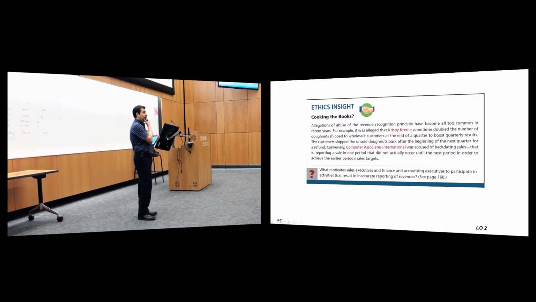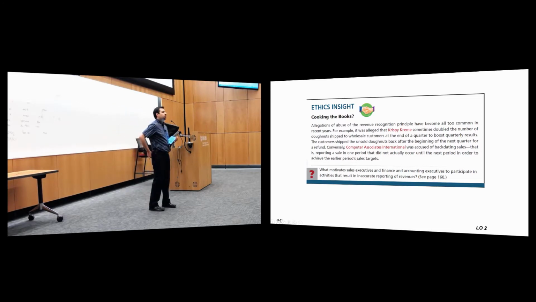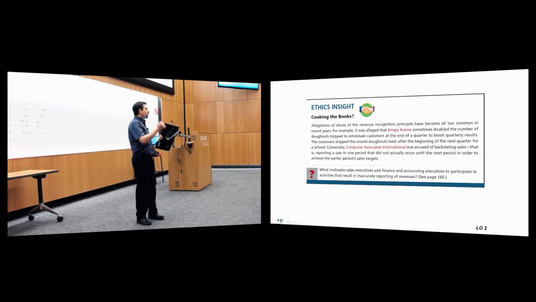Now, this is a little bit more problematic, right? In certain cases, companies will try to increase their sales in so many ways at the end of the year to improve their numbers right before year end. But in the long run, this will hurt the company.